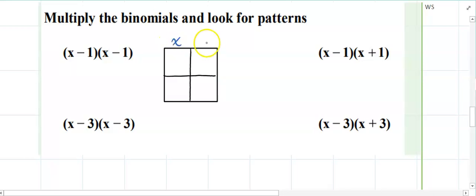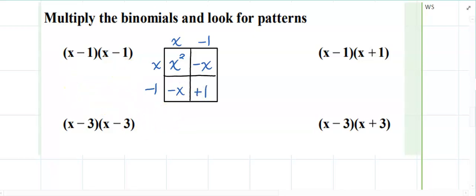And I have x minus 1, x minus 1. When I multiply, I get x squared minus 1x plus 1. The terms right here, inside and outside terms combine, and I'm left with x squared minus 2x plus 1.